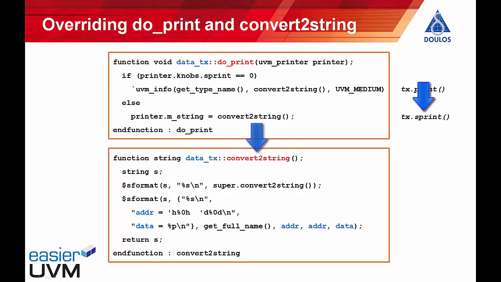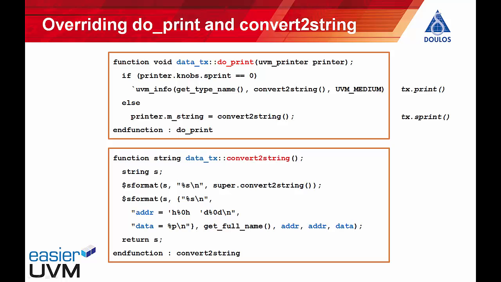Sprint and convert to string both return text strings for you to use within your UVM code. The reason that there's two of them is that they come from two different ancestor methodologies. So convert to string actually was inherited from AVM, and sprint was inherited from URM and ultimately from ERM. But they're both part of the UVM standard.